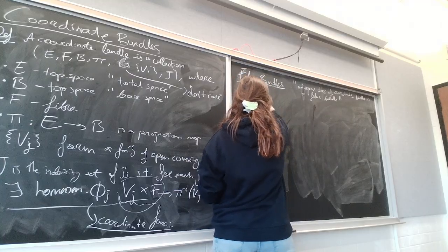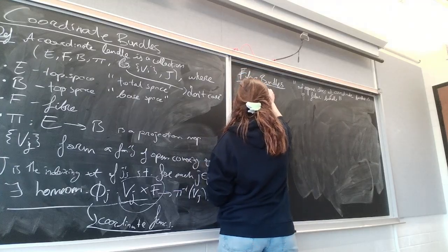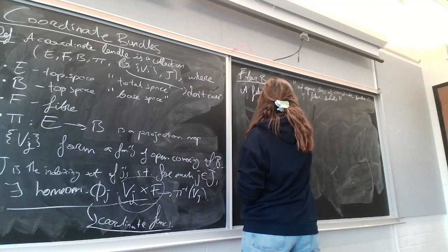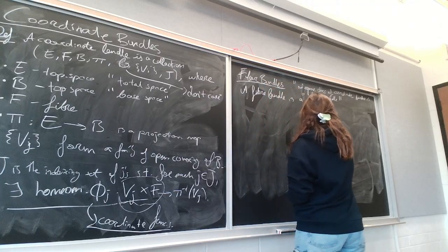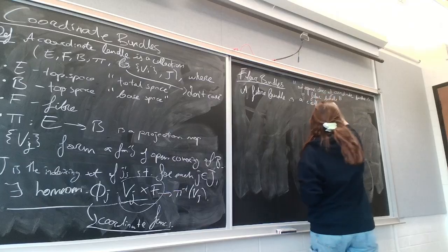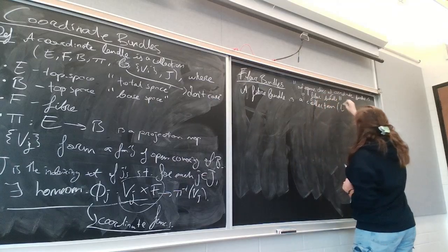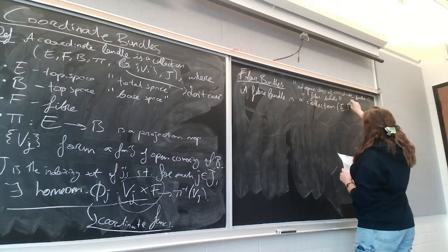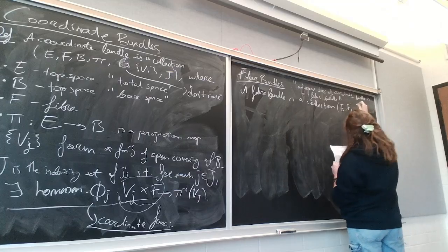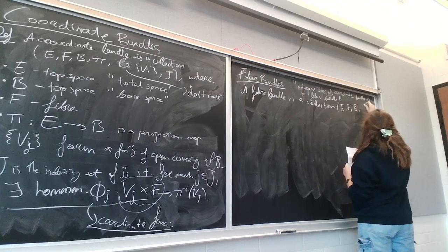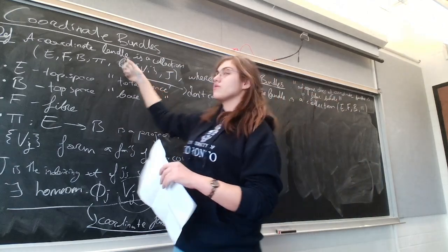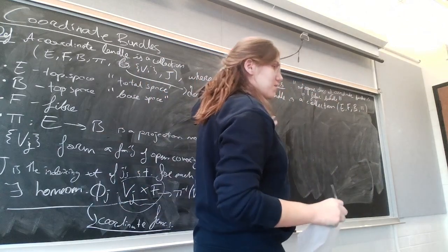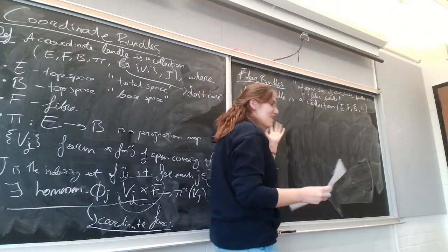A fiber bundle is a collection. Now, what do we need? We need the total space, the fiber, the base space, and the projection. We can even forget about the group, because this will be enough information, but okay, we haven't really discussed it.